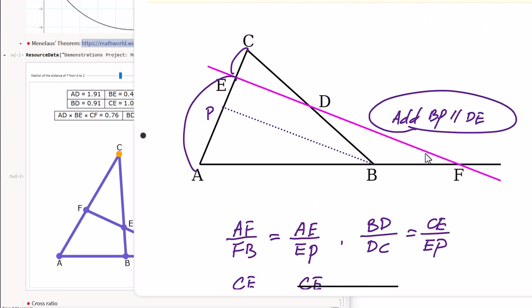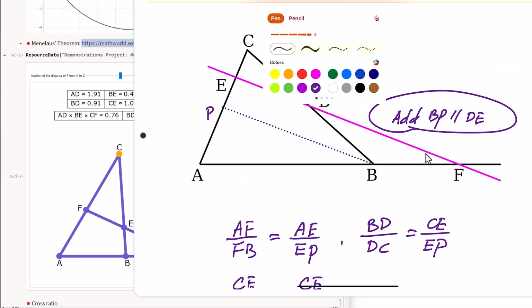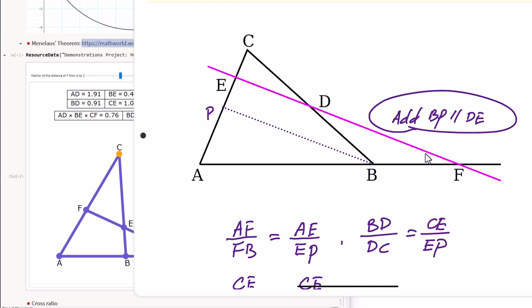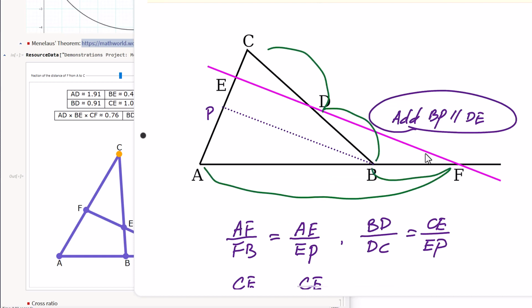So basically this is the path. This way, this way, this way, and this way, and then this way. Okay.